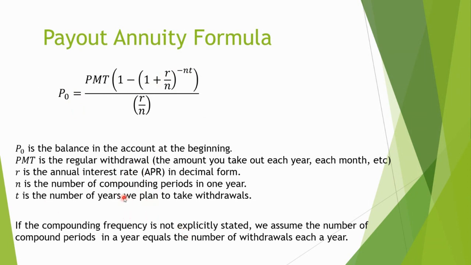And as before, if the compounding frequency is not explicitly stated, which is pretty much going to be the case for the problems we deal with in this class, we're going to assume the number of compounding periods is the number of withdrawals per year. It's kind of like what we did for savings, except instead of monthly deposits, we're doing monthly withdrawals. And yes, we can use the TVM solver to help us out here.